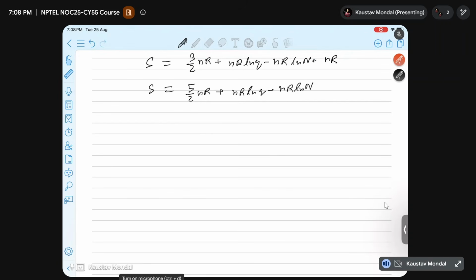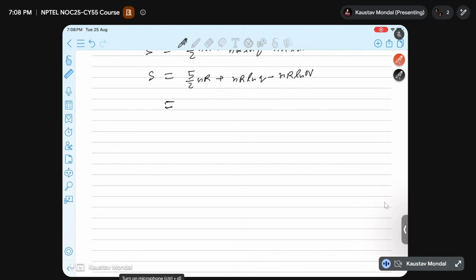Now, out of the three quantities in the expression of entropy S, two of them are in logarithmic terms, right? If you can write the third term also as a logarithmic term, then you can add them up and squeeze all three quantities into a single one.